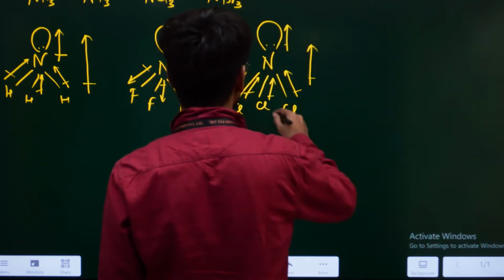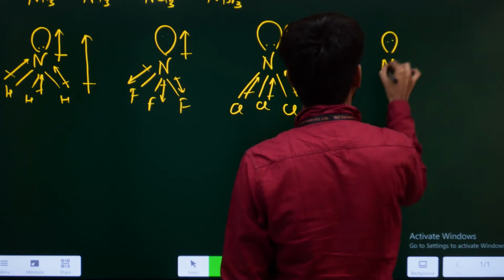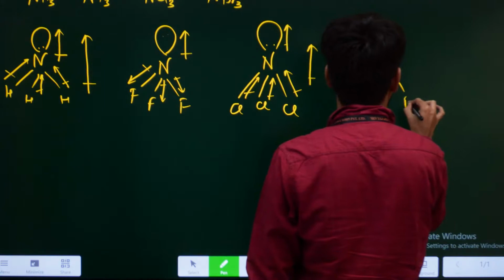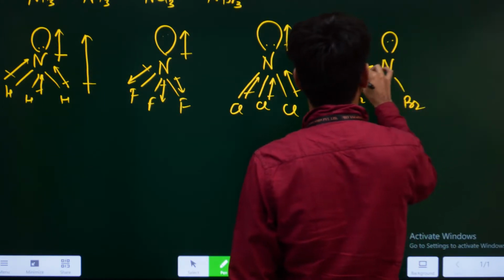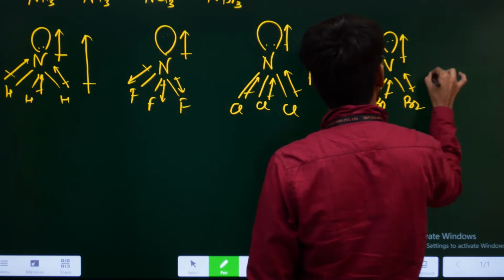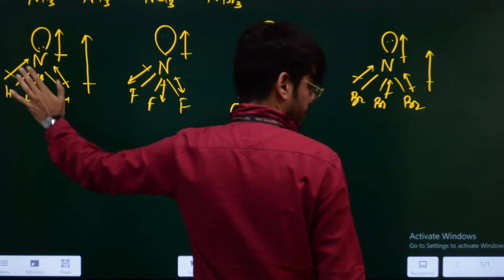Yes or no? Then NBr3: overall up, more than NCl3 but lesser than NH3.